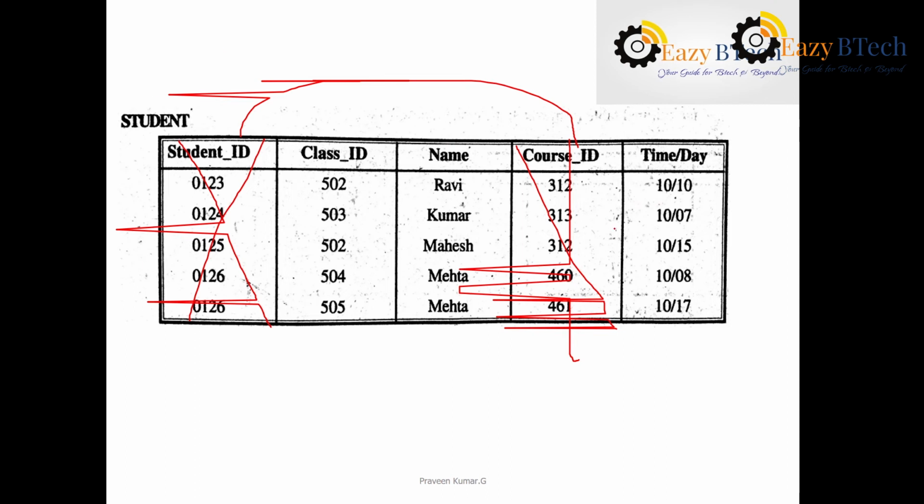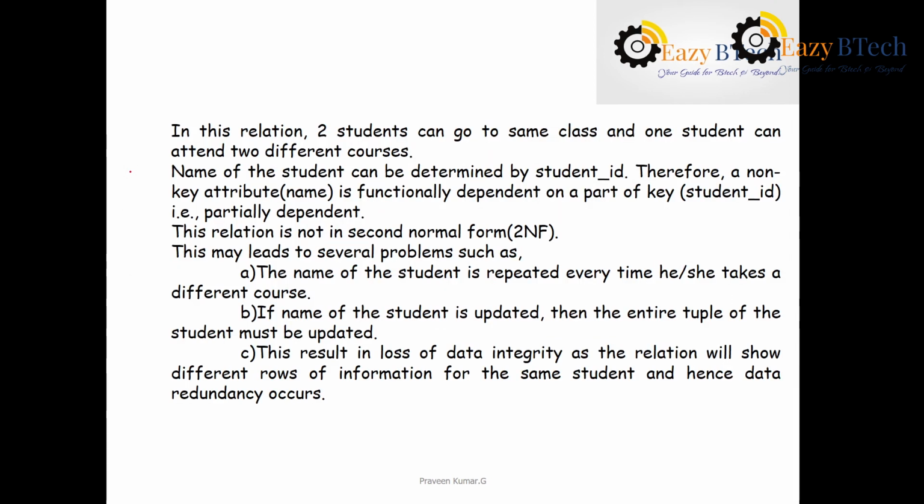These two attributes, class ID and date, are represented by using course ID and student ID. But name is determined by using only student ID. It is partially dependent on only one attribute, one non-key attribute. That's why it is not in the second normal form.